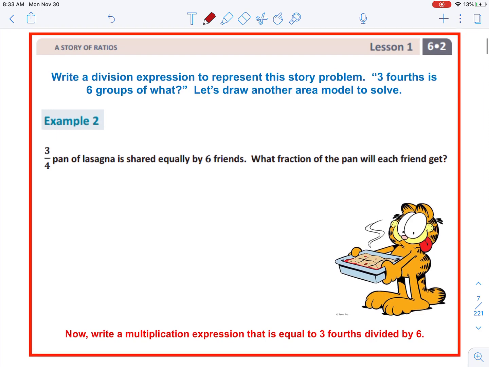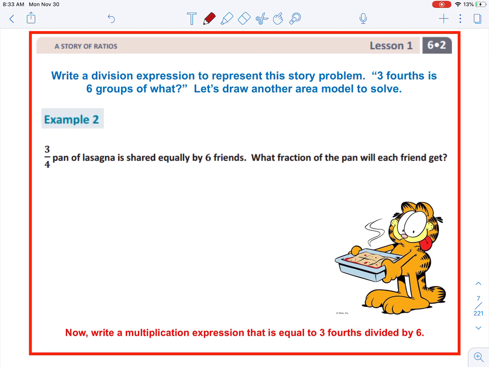So let's move on. 3/4 pan of lasagna shared equally by 6 friends. What fraction of the pan will each friend get? Well, we have to do 3/4 divided by 6. Well, this turns into 3/4 divided by 6 over 1, which then turns into the skip dot flip.